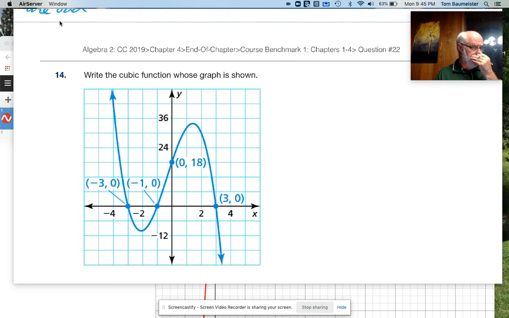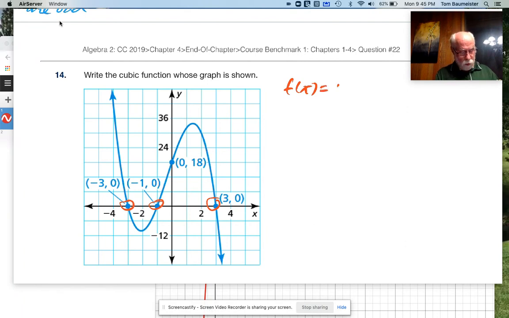All right, number 14. Write the cubic function whose graph is shown. So remember, we can say it's f of x, take the x-intercepts and change them.